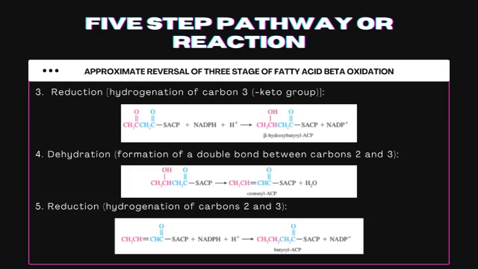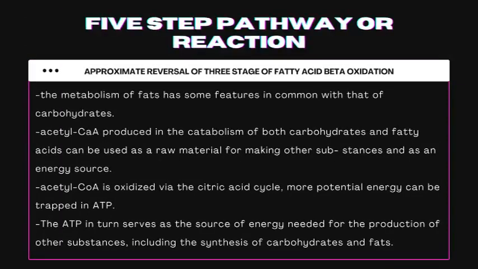And lastly, step 5, reduction. Hydrogen of carbon 2 and 3. Reduction of the trans double bond by NADPH, reaction 5, catalyzed by enoyl ACP reductase. Approximate reversal of 3 stages of fatty acid beta oxidation.